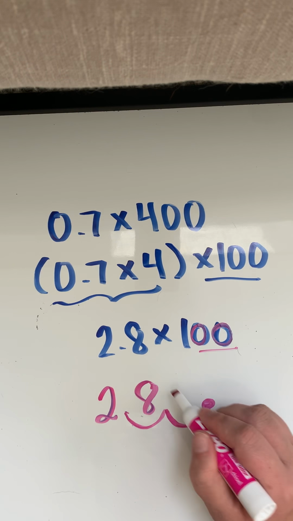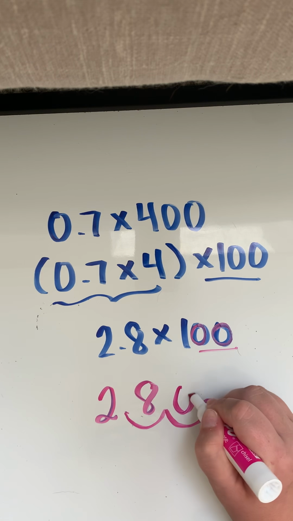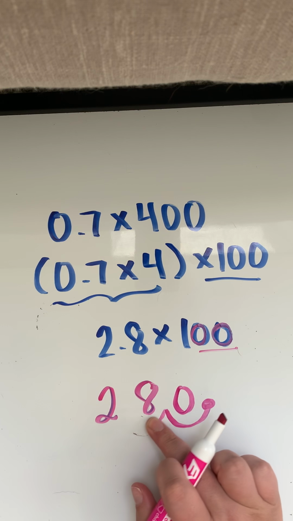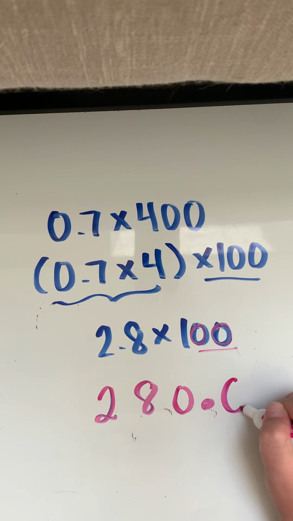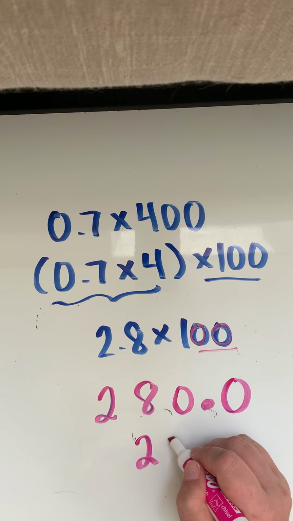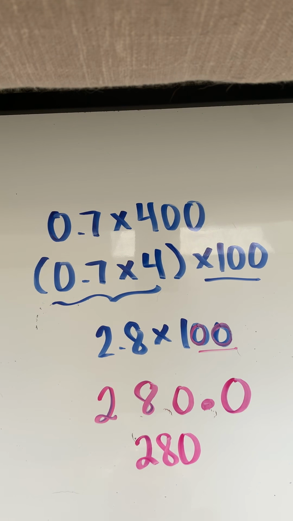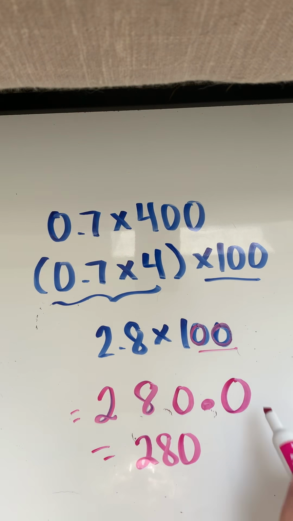Remember, if there's nothing in this place, what do you add? Good job, a 0. Okay, now I'm going to get rid of my humps here. Now I could add a 0 in my tenths place. I don't have to. If you wrote 280, that's fine too. These are equivalent to each other. Okay, it's the same thing.